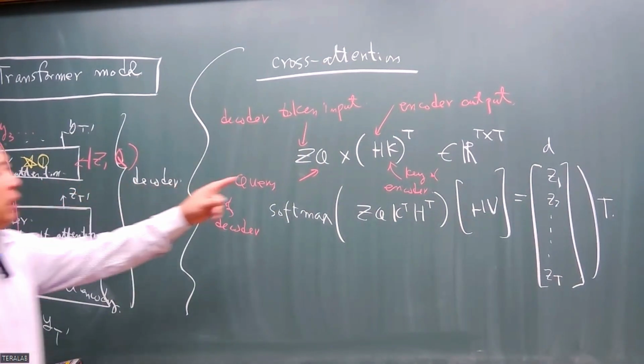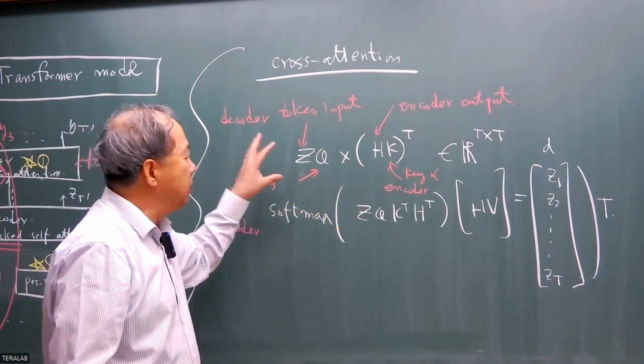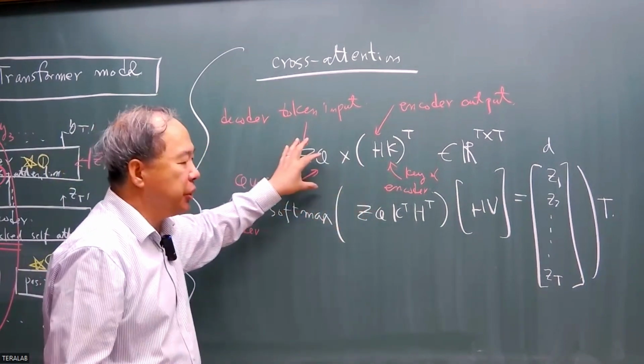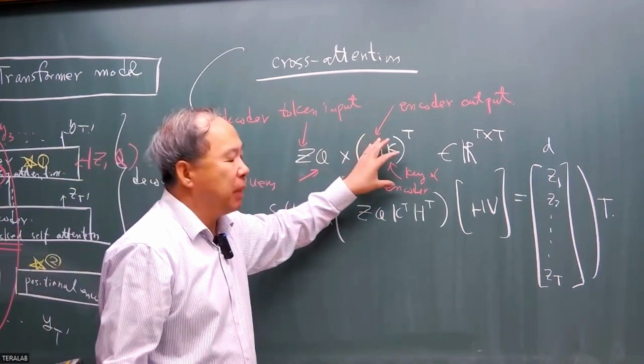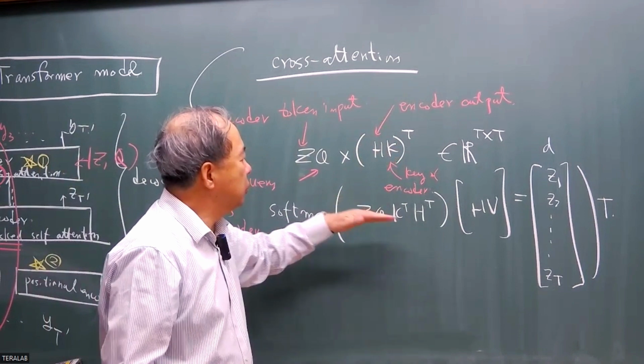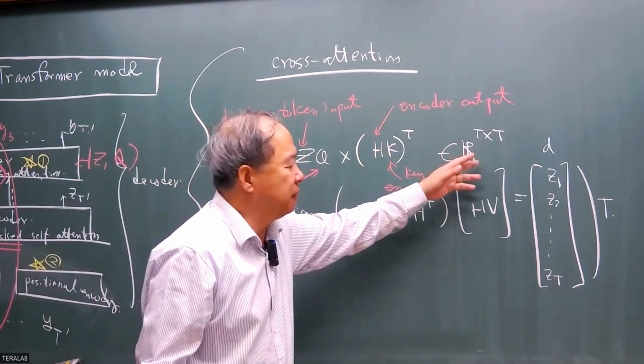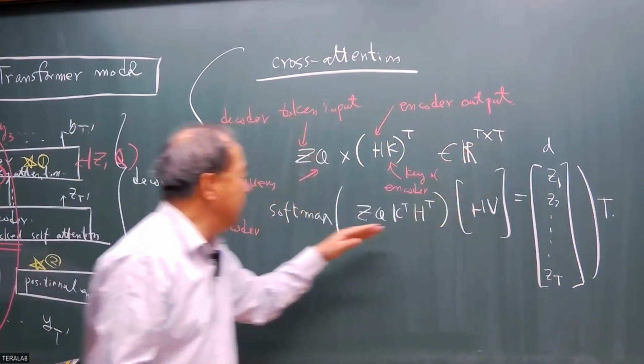And this key value is also updated during the backpropagation. So by multiplying the decoder Q by the encoder key, we're gonna generate a new number. That is a real number. The size of that sequence is T by T.